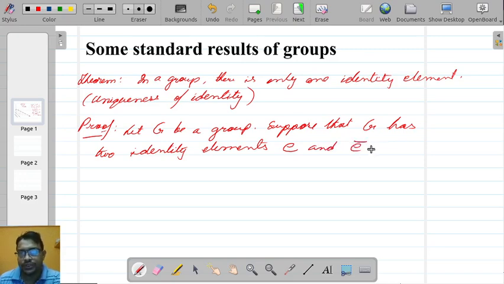Suppose these are two identity elements of a group G. Let us take the composition also: say (G, star) is a group. Suppose that G has two identity elements, E and E bar.